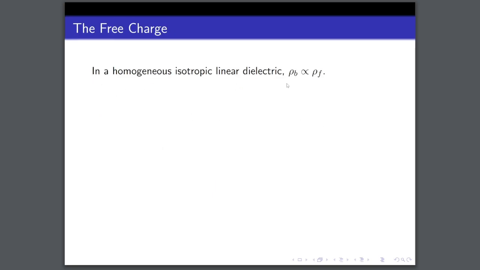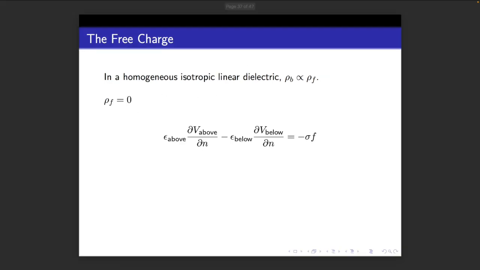And then in order to solve for the bound charge and the free charge, we know that in a homogeneous isotropic linear dielectric, the bound charge is proportional to the free charge. And we know that the free charge is equal to 0 because it's grounded. And we know that the permittivity above times the potential above in the direction of n, minus the permittivity below times the potential below in the direction of n, is equal to the negative free charge distribution.